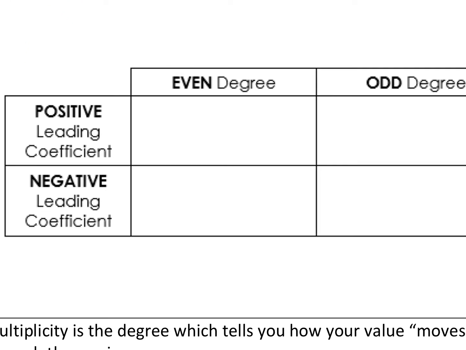You can write this in terms of just going up or down forever, or you could write it in terms of going positive infinity, negative infinity. I don't care. I'm just going to do left, right, up, and down for clarity's sake. So if we have a positive leading coefficient and an even degree, the left side of this thing, is that going up or down?